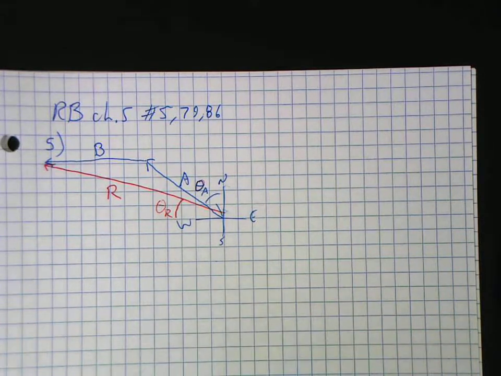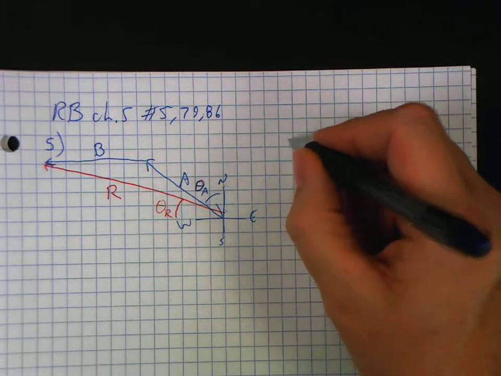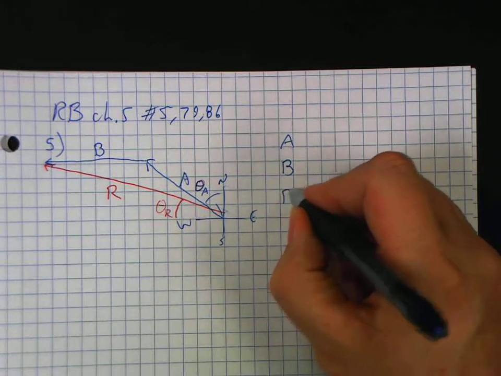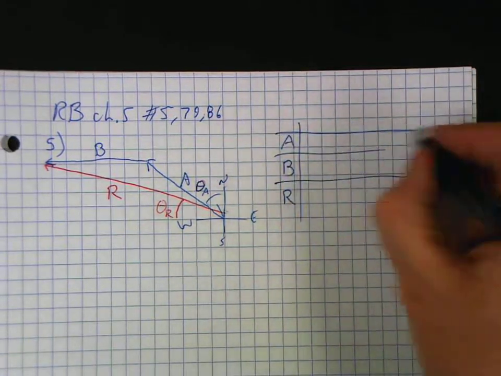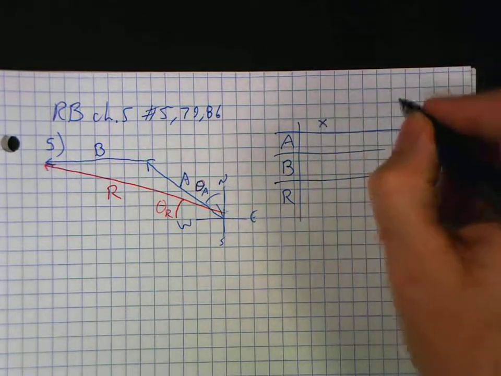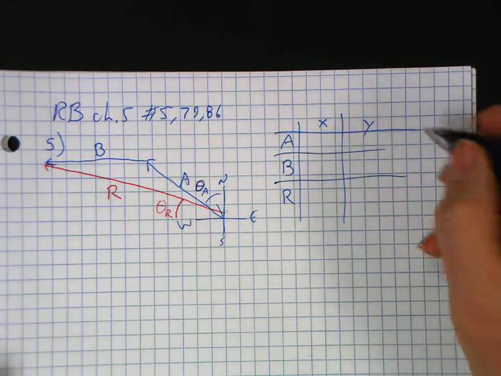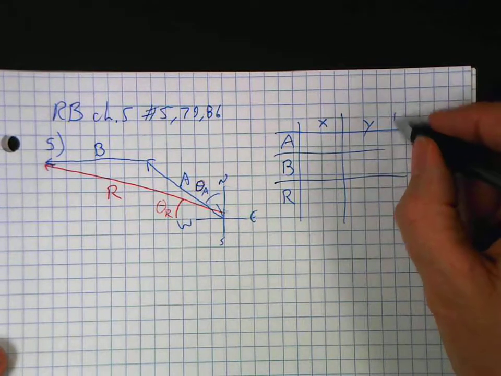Now, in order to find R, we want to make a bit of a table. We have three vectors: A, B, and R. And these things have an X component, a Y component, and an overall magnitude. We don't need the magnitude in here.